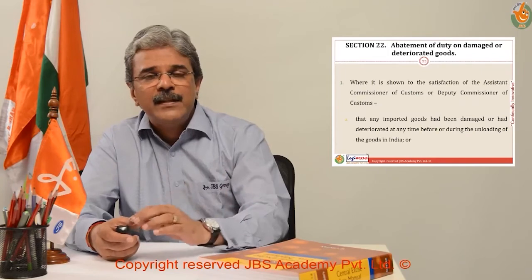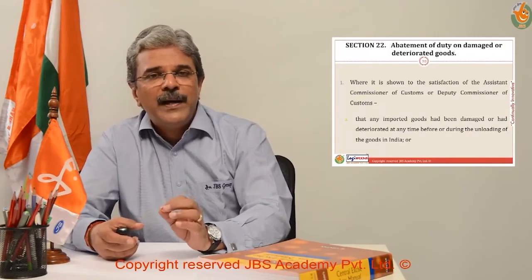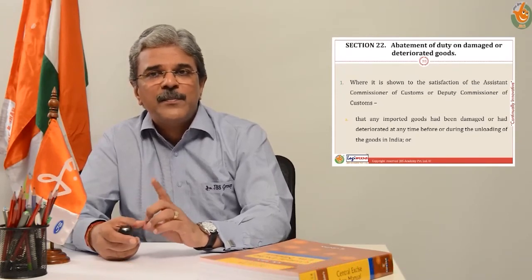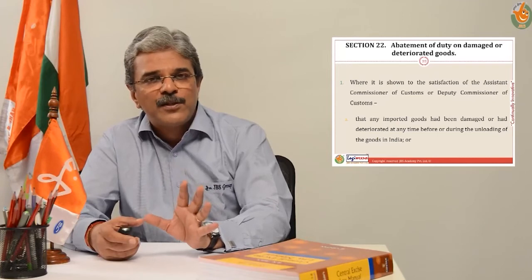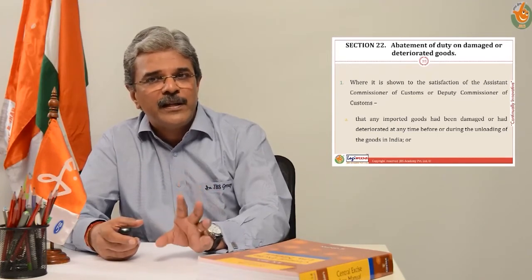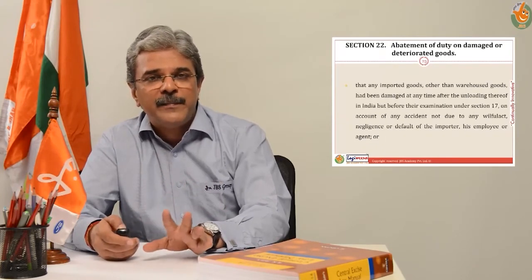The next section is section 22. Section 22 talks about abatement of duty on damaged or deteriorated goods. Here we can have 3-4 situations. One is import goods have been damaged or deteriorated before or during unloading in India.